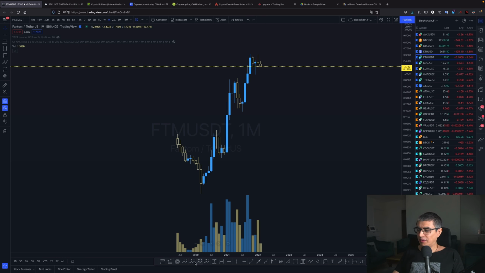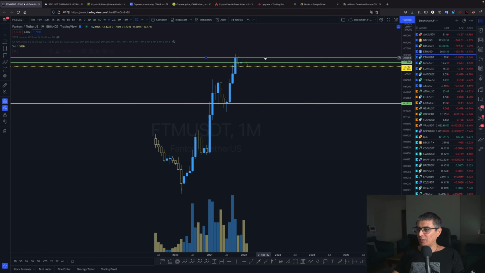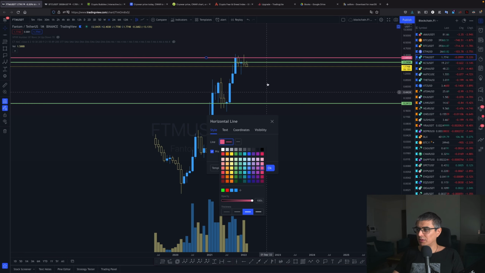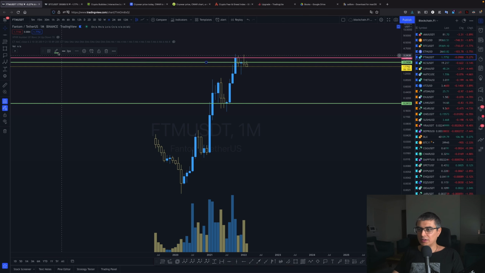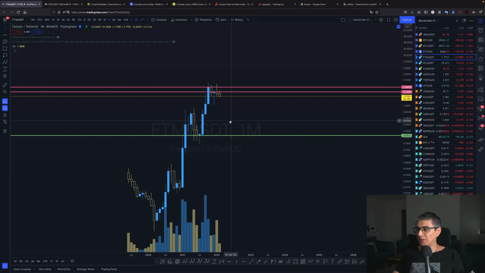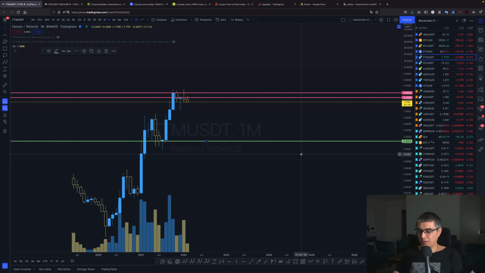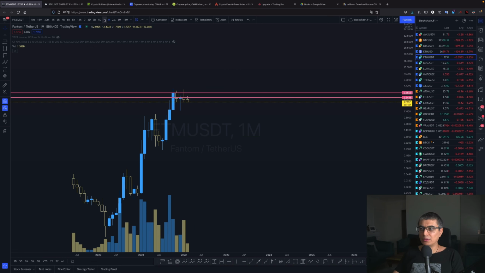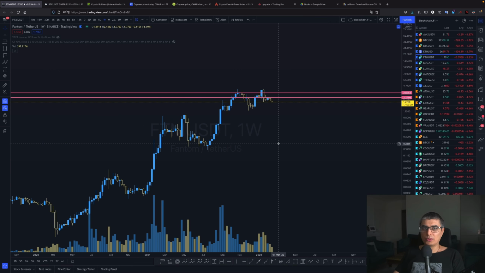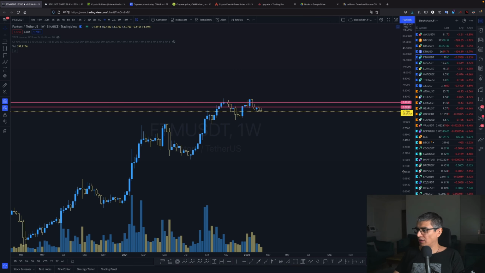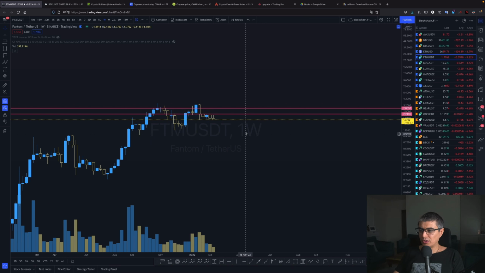Looking at a higher time frame, I will draw some important lines right here on the monthly chart. This one must be red because it's resistance, and this one as well. We're pretty far away from this one, so I don't think it's necessary to have it there, and I'll use some weekly support areas because I want to look at a shorter time frame.